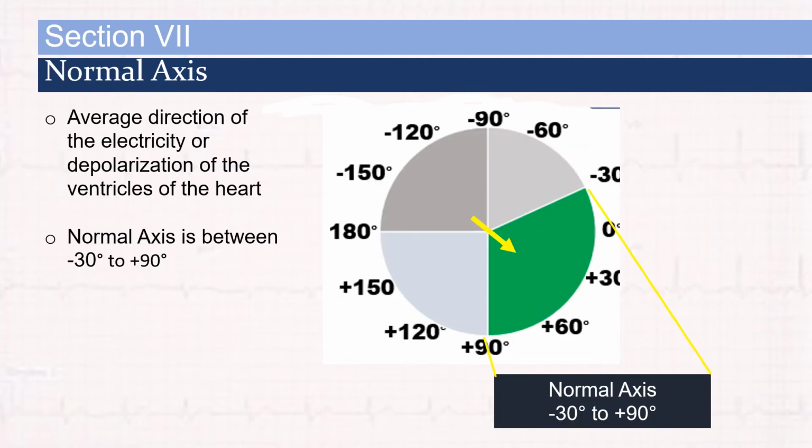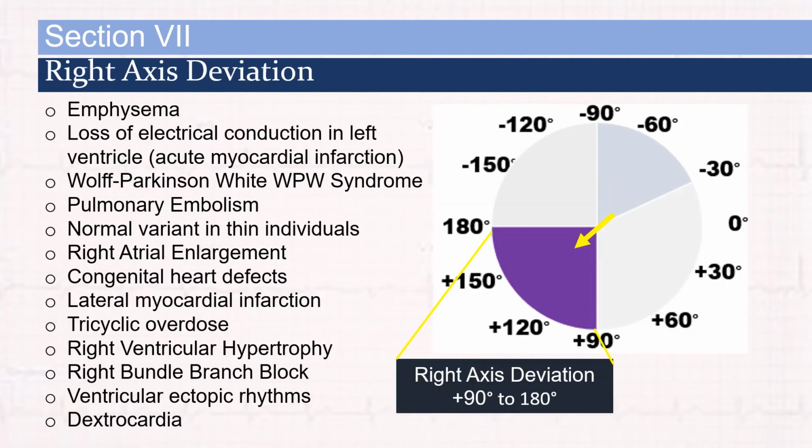The normal axis is between -30 degrees and +90 degrees. Right axis deviation falls between +90 to 180 degrees. There are conditions that are associated with right axis deviation, including emphysema, loss of electrical conduction in the left ventricle, WPW, PEs.